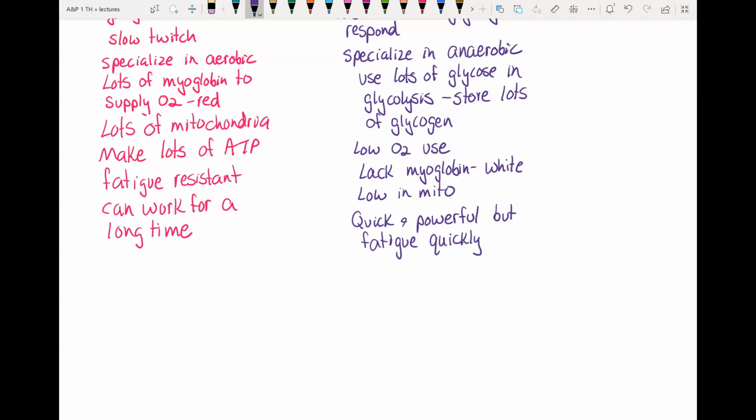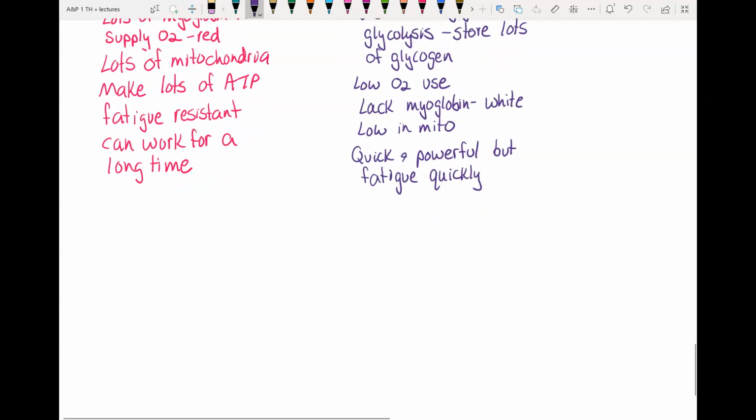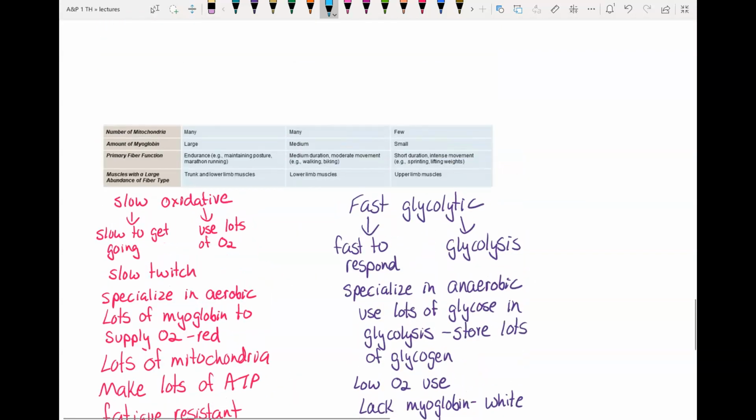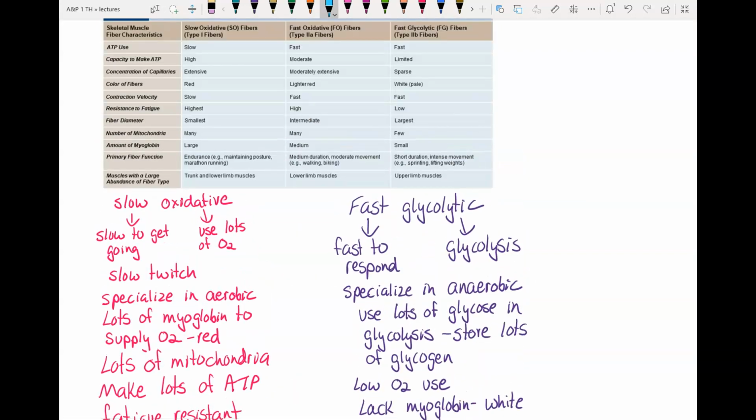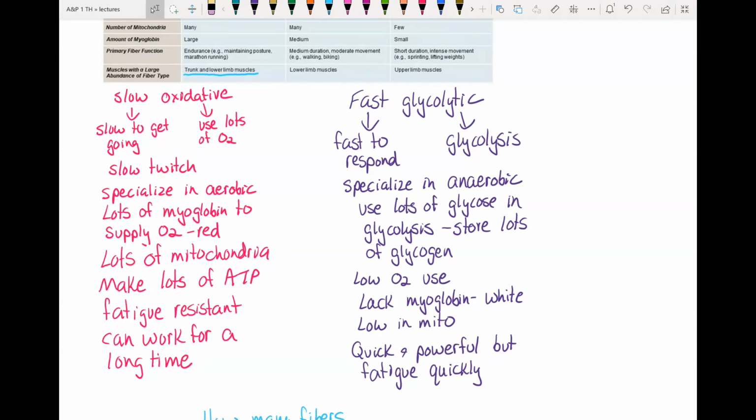When it comes to the fibers, there's 2 things to take into account for how many you have. So the first thing is the function of the muscle. If we look back at the chart, we can see that slow oxidative tend to be found in trunk and lower limb muscles. Remember, these are the fibers that are fatigue resistant.